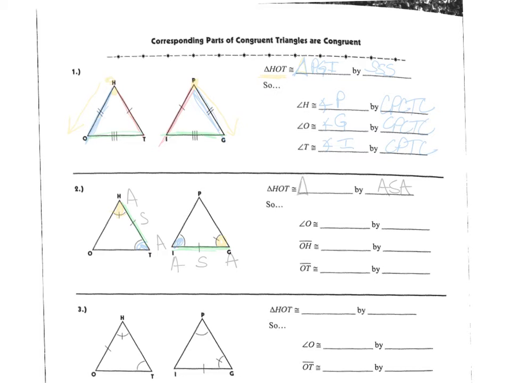And then we have to make sure that we get this correct. So it starts here with H and then goes to O. And so we're going to need to make sure that we start here with G and go towards P. And so that is going to be triangle GPI. And so angle O will correspond to angle P. Segment OH, where we started right here, is going to correspond to segment PG.